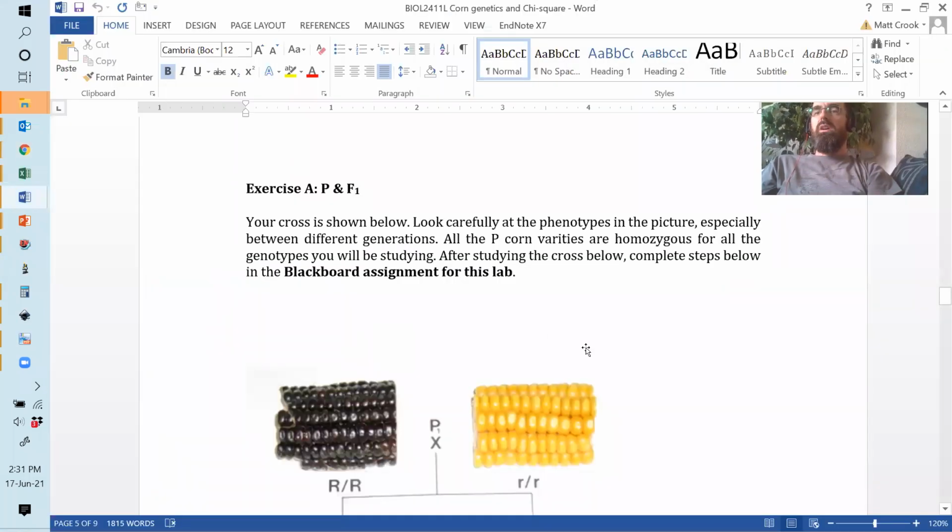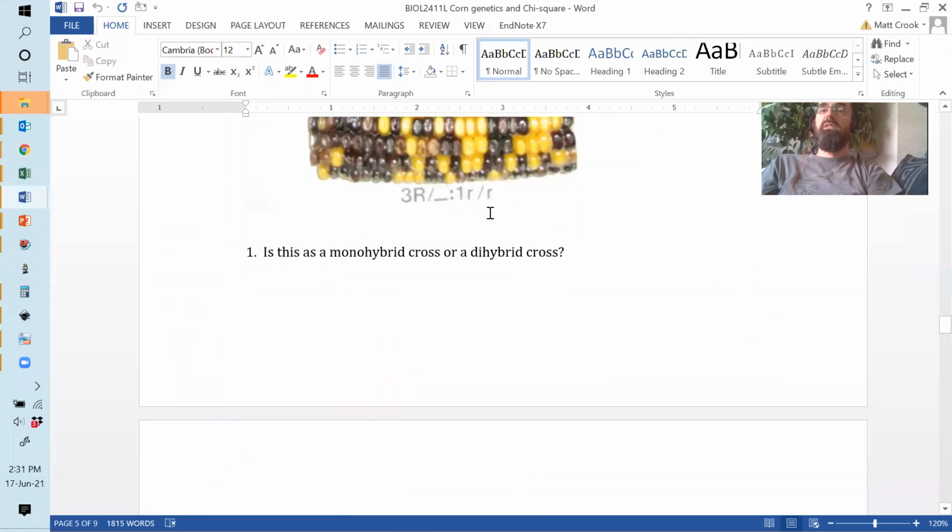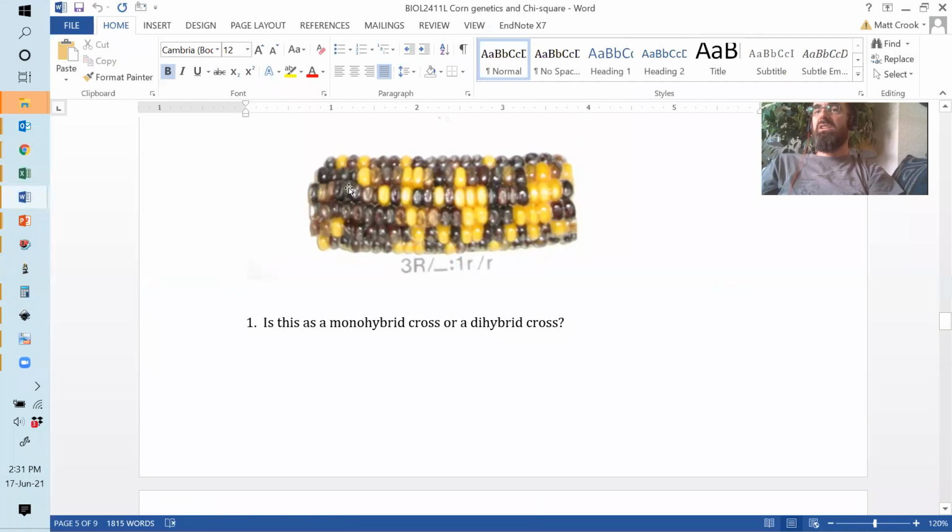So we're no longer just looking at this as a plain cross, but what you need to do is actually score at least 30 kernels of this one and 50 of the dihybrid, just to give you decent enough numbers. And I want you to carry out a chi-squared test to see whether or not your idea about what is going on here is actually matched by the data that you collect.